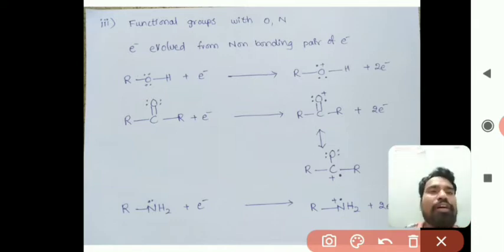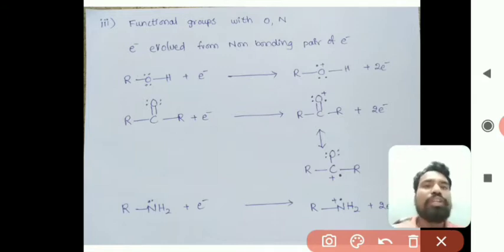On the oxygen there are 2 lone pairs, which are called non-bonding pairs of electrons, and on the nitrogen one lone pair is there. So when these molecules are bombarded with electrons, one electron will be evolved from the non-bonding pair of electrons on oxygen as well as nitrogen.